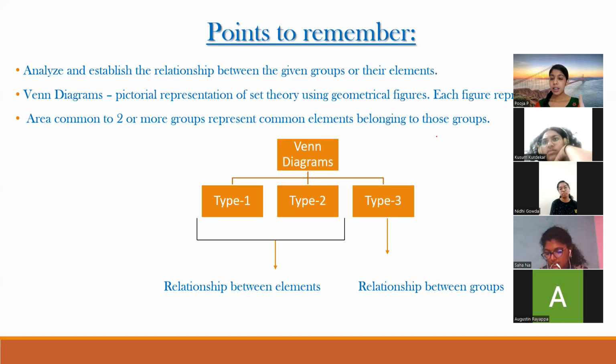Fine. And while we are representing these Venn diagrams, the area which is common to two or more groups will represent the elements that belong to both the groups, common elements. So let's say we are having two groups, a circle and a triangle as representation, for example. So let us say the interjoining area. So you have a circle and you have a triangle. The interjoining area of both these figures, what happens?